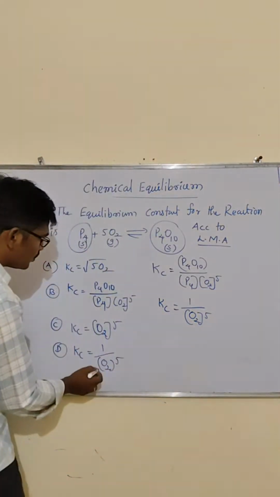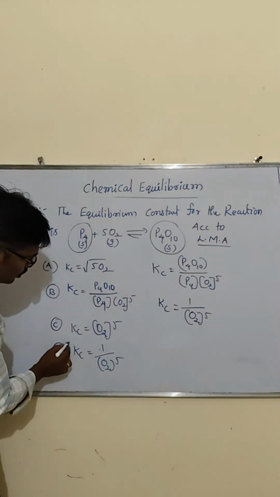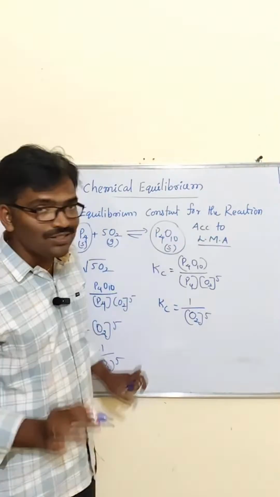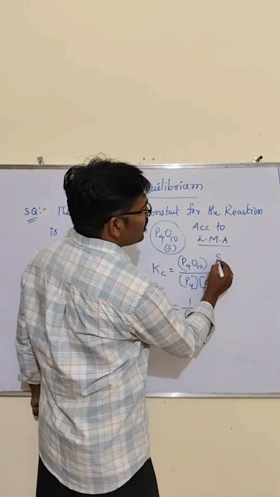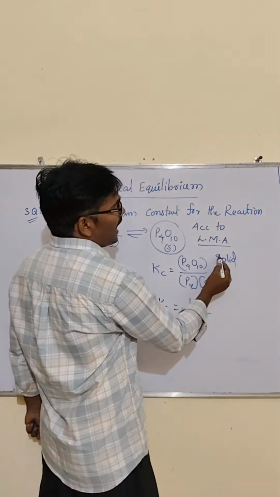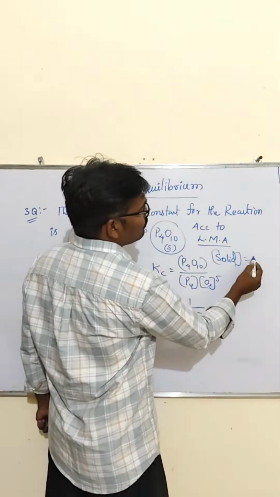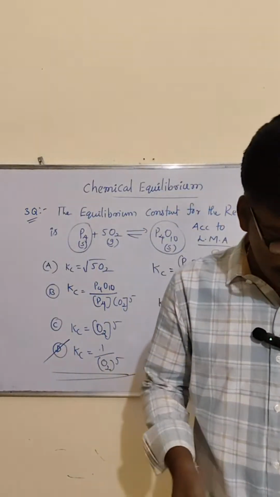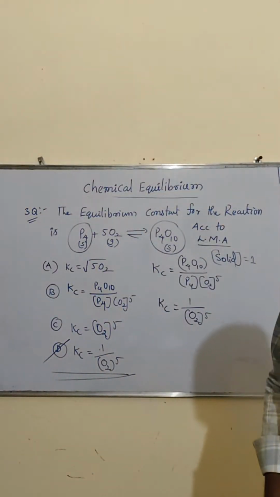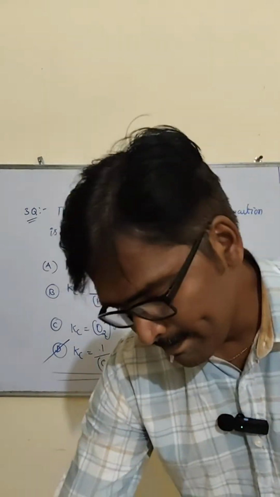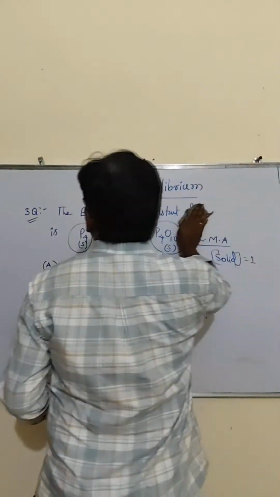So we take 1 divided by O2 whole to the power 5. According to law of mass action, the concentration or active mass of solids equals 1. Okay, clear? Yes, note the next question.